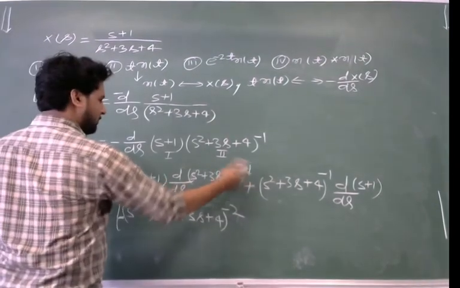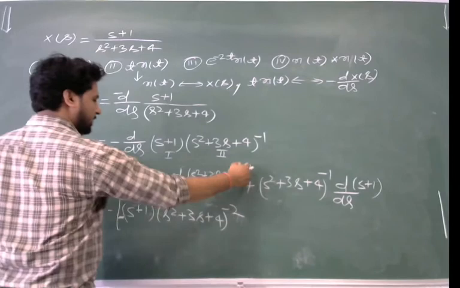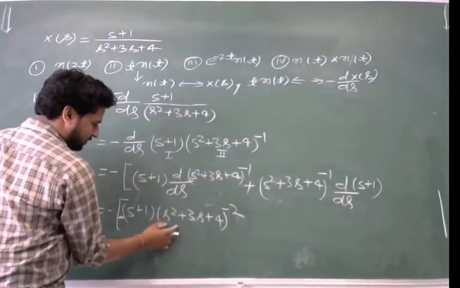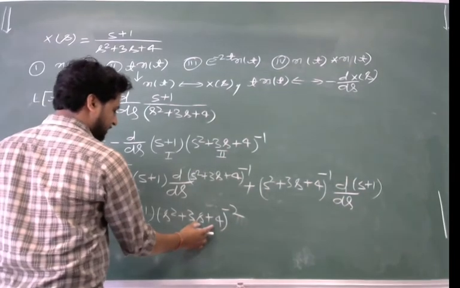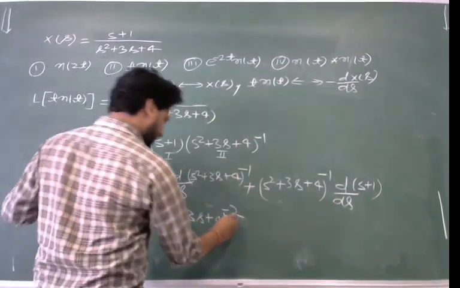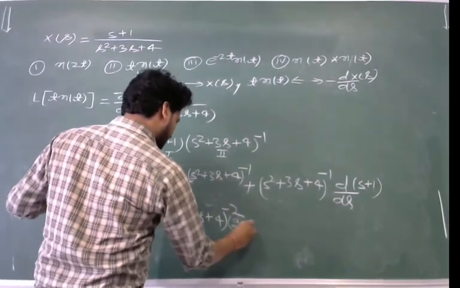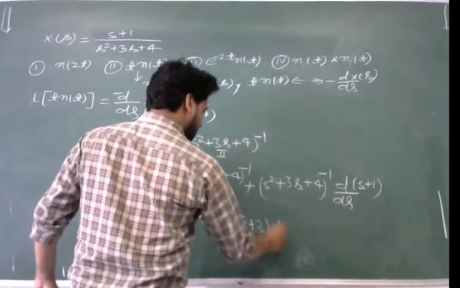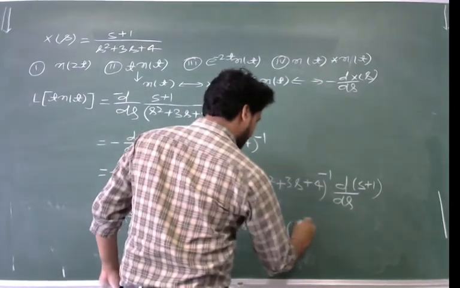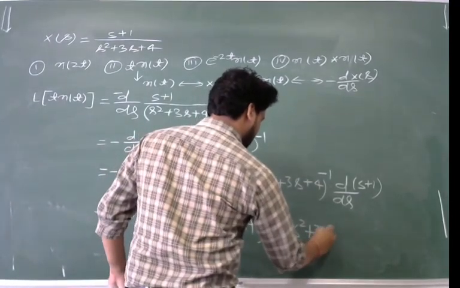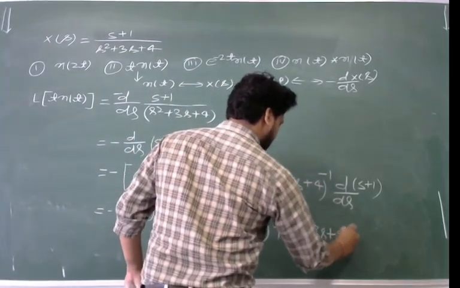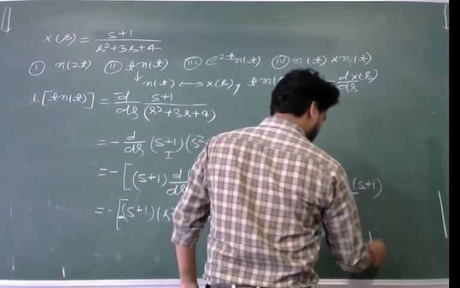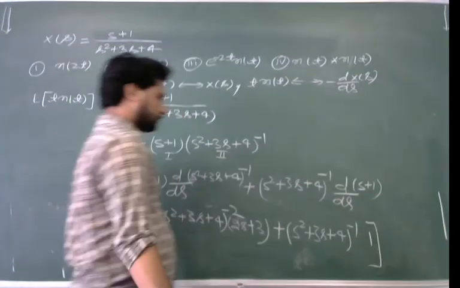This power will come outside and become power minus 2, and once again the term inside the bracket will be differentiated with respect to s. So this will become (2s + 3), plus (s² + 3s + 4)^-1 into the differentiation of this, which is equal to 1.